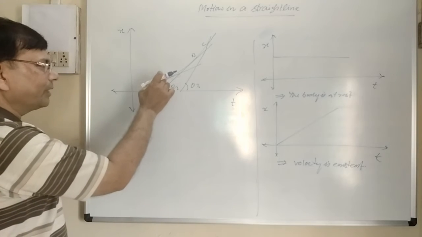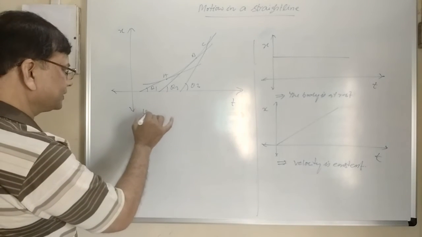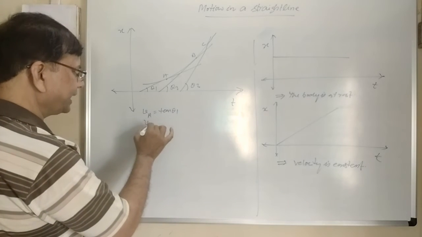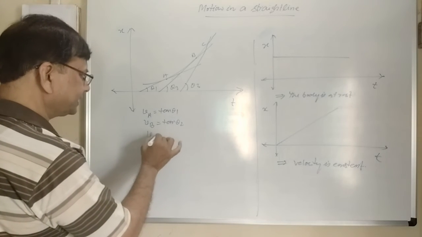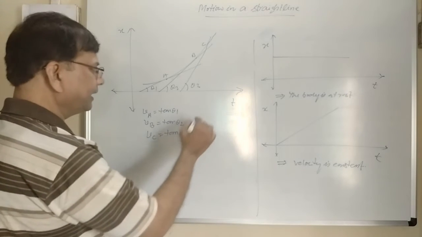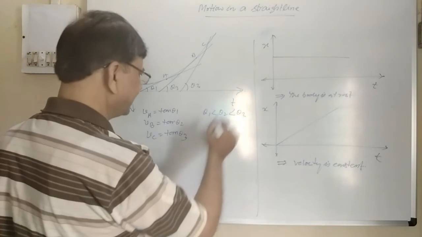So what is the instantaneous velocity at A? Velocity at A is equal to tan theta 1, velocity at B is equal to tan theta 2, velocity at C is equal to tan theta 3, right? And theta 1 is less than theta 2, less than theta 3.